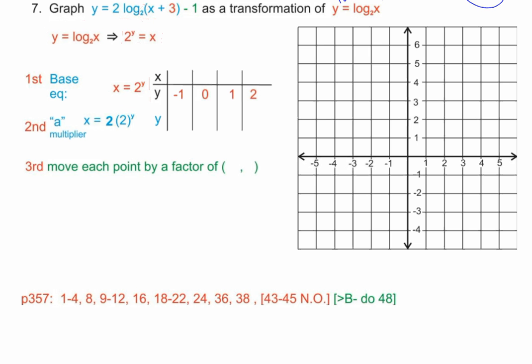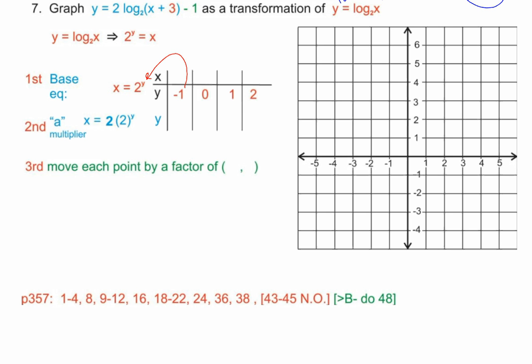So if I'm going to graph x equals 2 to the y, I've got to work backwards. Instead of filling in the x's for my xy chart and getting y, I'm going to fill in my y's to get x. It's just because the y is the exponent.